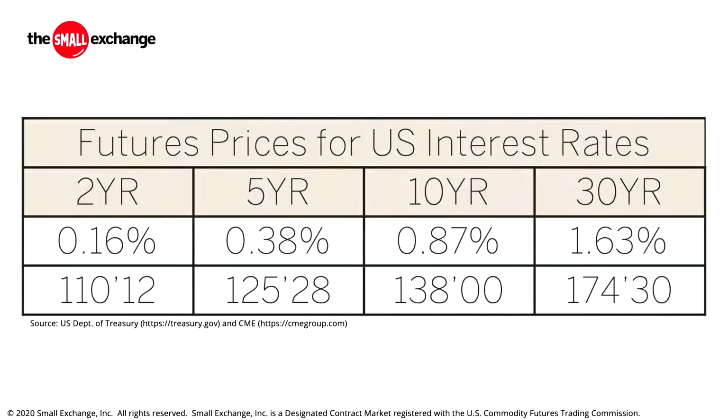But when I'm looking at these yields here for the 2-year, the 5-year, the 10-year, and the 30-year, why would I be trading, in theory, if we launched a 2-year future at the small exchange, something that's 0.16%, but it's $110 and apostrophe 12, and without frustrating people too much, that apostrophe 12 actually stands for 12/32nds.